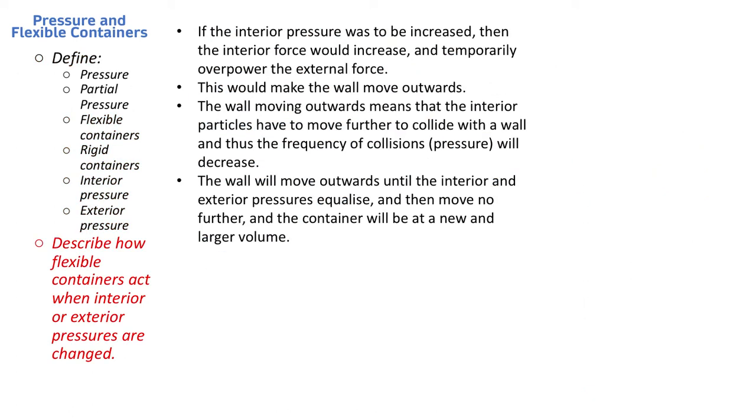Let's say that the interior pressure was increased. If the internal pressure was increased, then the interior force would increase. So here's that wall. Here are all of the interior dots. Here are all the exterior gas particles.